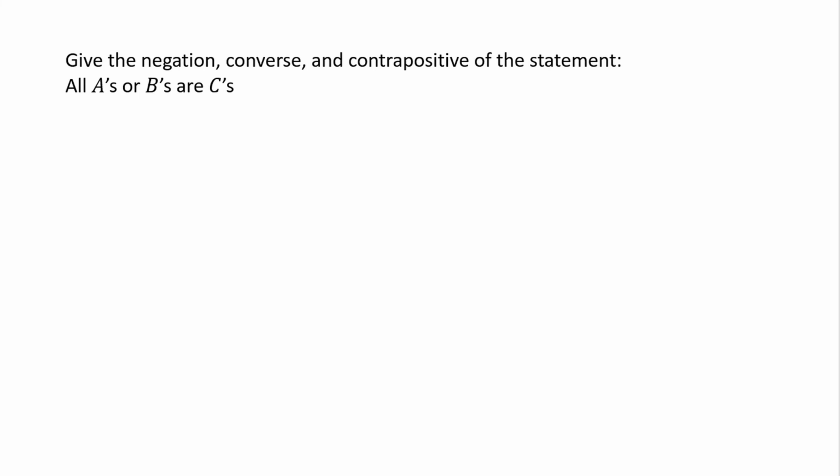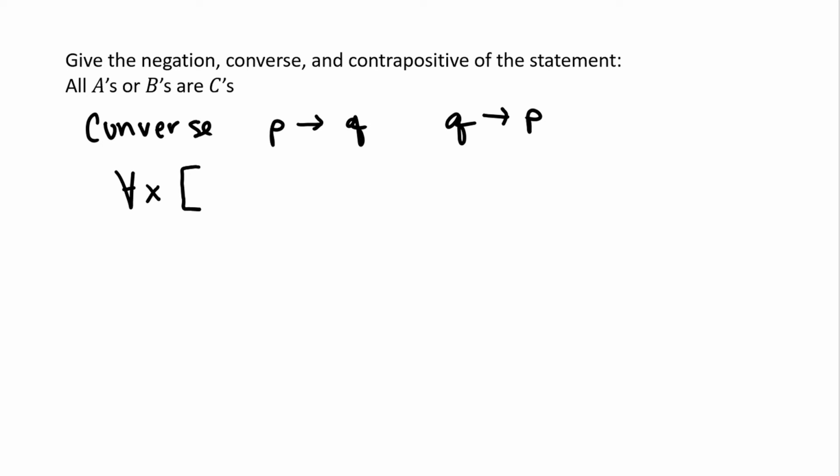Okay. The next part is to find the converse, and what the converse does is it switches the hypothesis and the conclusion. So a converse of P implies Q is Q implies P. Again, it's much more straightforward for me to do this symbolically, so I'm going to say all X, okay, that is an X that's an element of C is either X an element of A or X that belongs to B. So symbolically that's correct, but we need to write this in an English sentence.